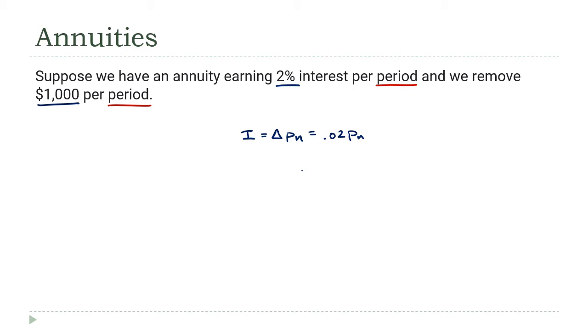So delta P sub n, this is P sub n plus 1 minus P sub n. And if we solve this for P sub n plus 1, we get our model. P sub n plus 1 equals 1.02 P sub n.